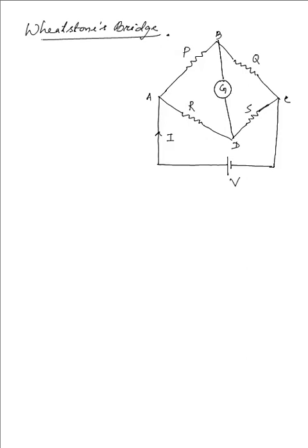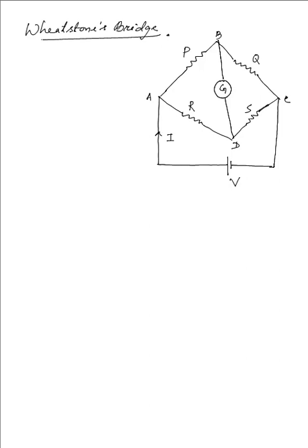Now, in this case, we can see a bridge in the form of a galvanometer between the points B and D, and we have four resistances P, Q, R and S. We have two, three or maybe four loops.